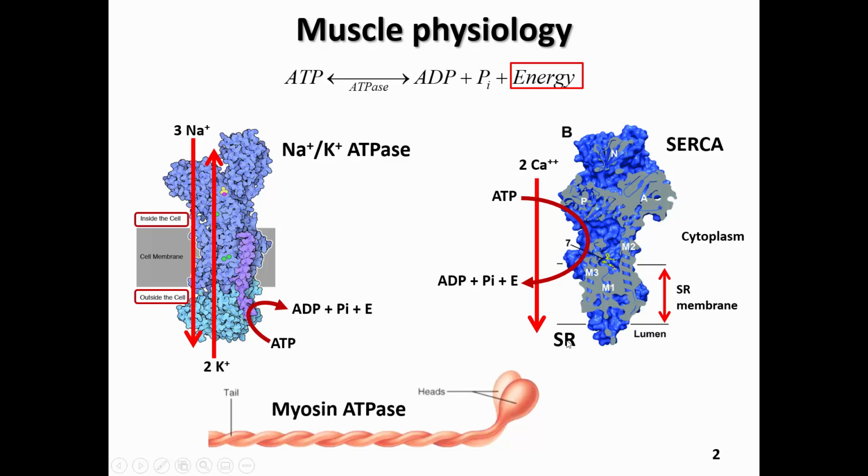The third ATPase that is a large consumer of energy inside the skeletal muscle cell is the myosin ATPase. And the myosin ATPase plays an important role in force production. So the structure of this protein is such that the what are called globular heads, extensions of two long polypeptide chains wound up around each other, will form chemical bonds with another protein called actin.